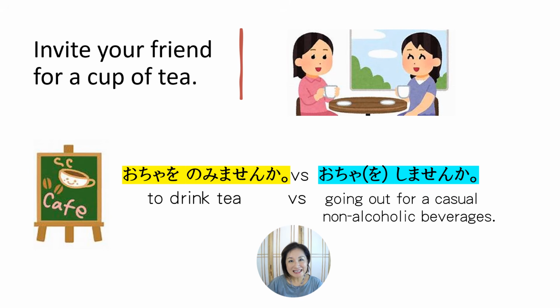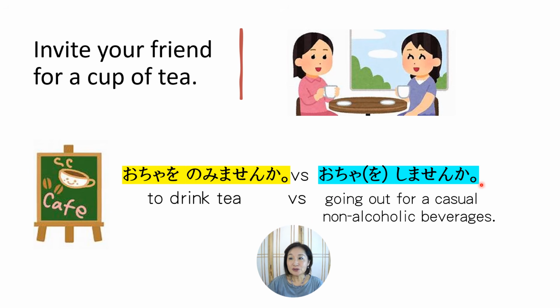There's one more thing I should mention when inviting your friend for a cup of tea. In Japan, it's more common to use the verb する do verb when inviting someone for a casual chat over a non-alcoholic drink. For example, you can say お茶をしませんか? Shall we have tea? This phrase doesn't just mean drinking tea.